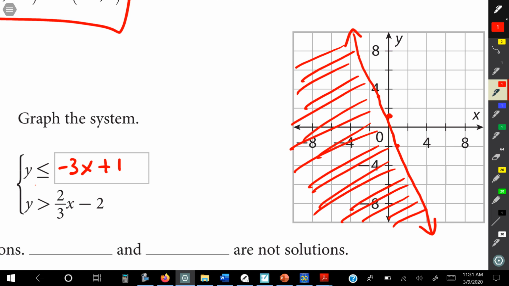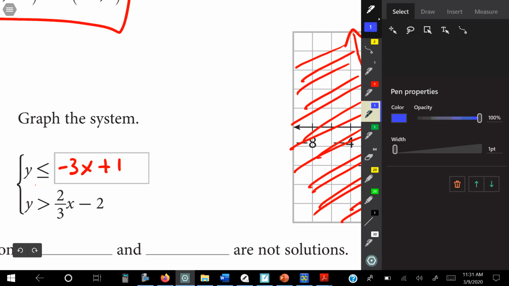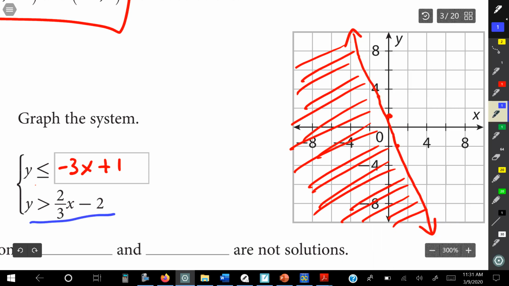All right, next, we're going to do this one. It's already worked out for us. We're going to go to negative 2, which is, remember, the count half of blocks is 1. 1, 2. And we're going to go up 2 and to the right 3. So I'll go up 1, 2, and go to the right 1, 2, 3.